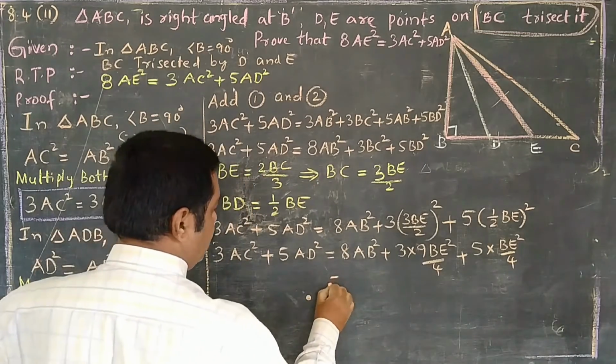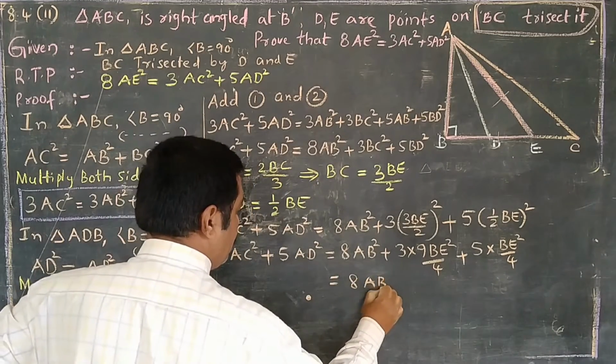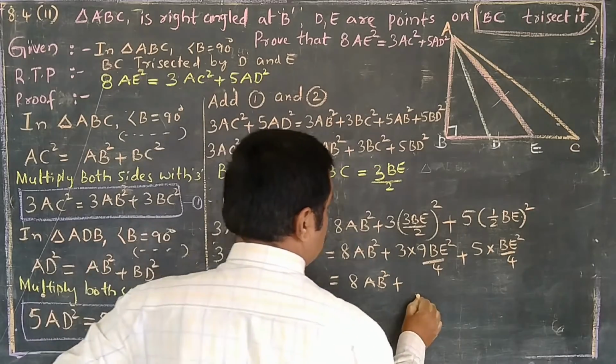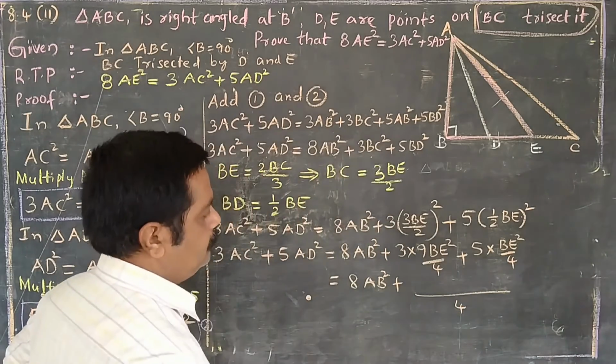Then what we get here: 8AB square, and taking the LCM, 4 is the LCM.